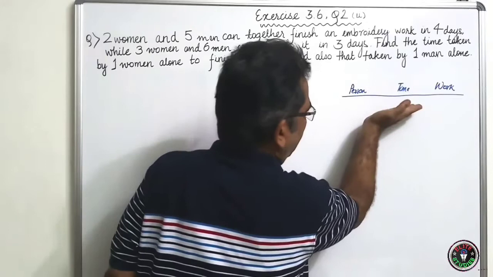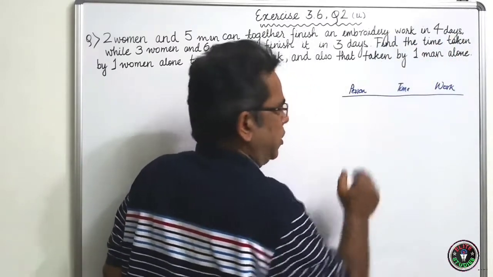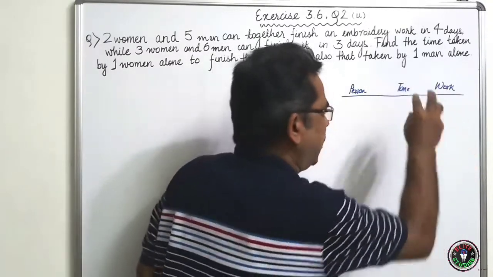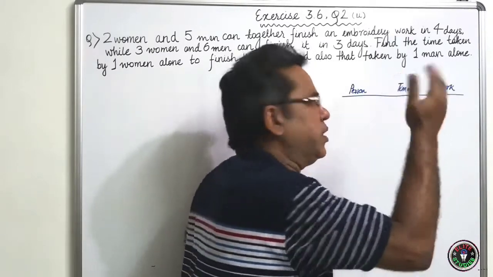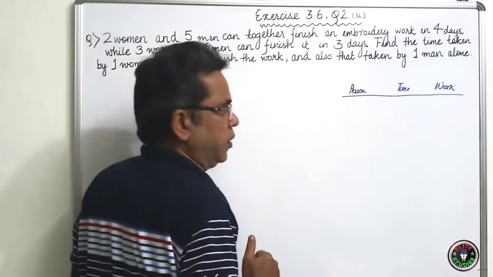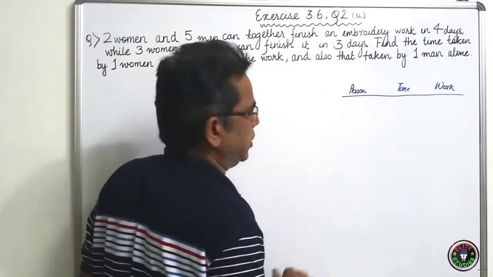Now, more time, more work will be done. If 5 persons are given 1 day, they will do a certain amount of work. And if they are given twice the time, 2 days, they will do double the work. So, more time, more work. So time has a direct relation to work.